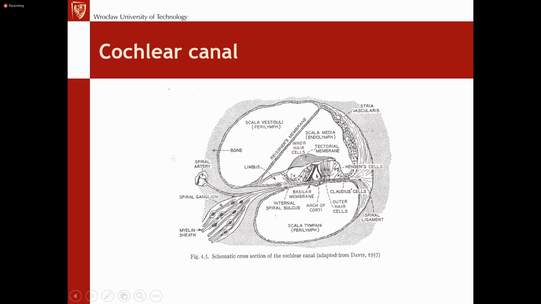You can see on this picture a schematic cross-section of the cochlear canal. And once again, we can distinguish here scala vestibuli with perilymph, scala tympani also with perilymph, and please remember that the scala vestibuli and scala tympani are connected at the top of the cochlea, and this is the helicotrema.